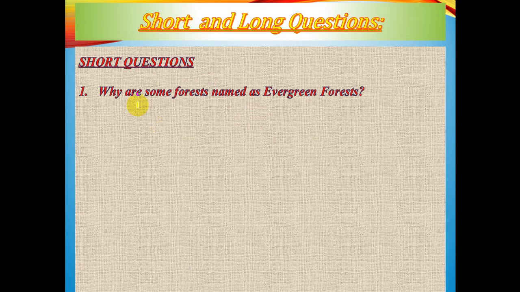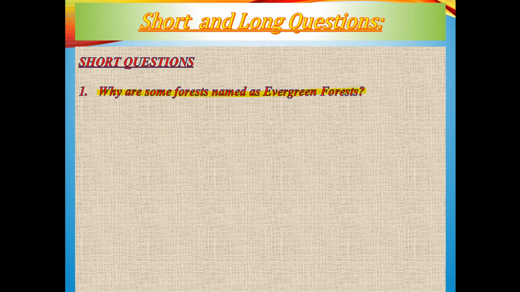Short and long questions. Now why are some forests named as evergreen forest? Because they appear evergreen. And why do they appear evergreen? Because they do not shed their leaves altogether. And why they don't shed their leaves altogether? Because year round they are getting quite a huge amount of temperature and rainfall.